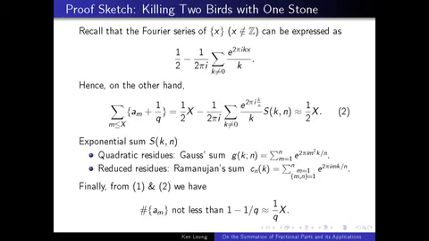That's S_k(n). For the quadratic residues, that's the Gauss sum there, and for the reduced residues, that's the Ramanujan sum. So finally, by combining equations 1 and 2, we have that the number of terms not less than 1 minus 1 over q is roughly x over q.